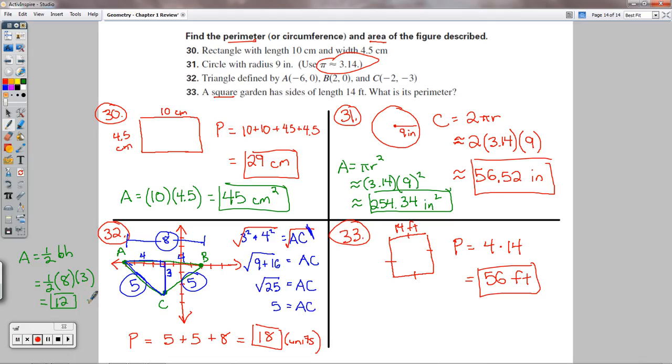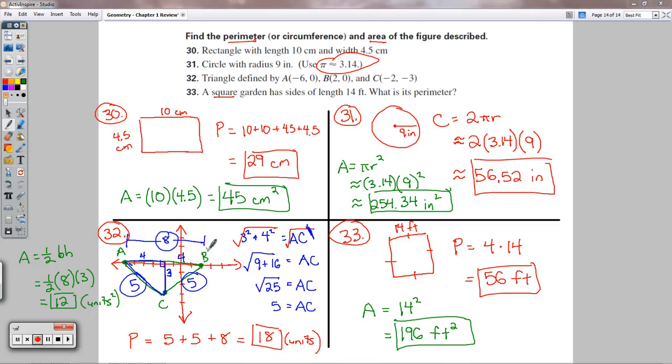And no units given, so I can just leave that off. Or I could write units squared. And then finally over here, the area of the square would be 14 squared. It's just side squared. And I know 14 squared is 196. So I've got 196 feet squared. All my units, when I'm talking about area, remember, is always units squared.